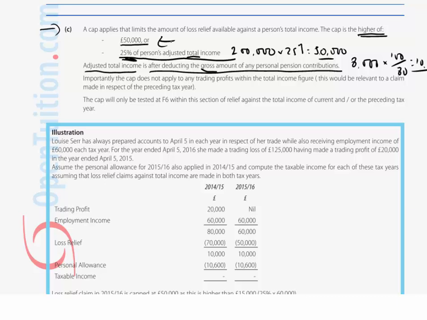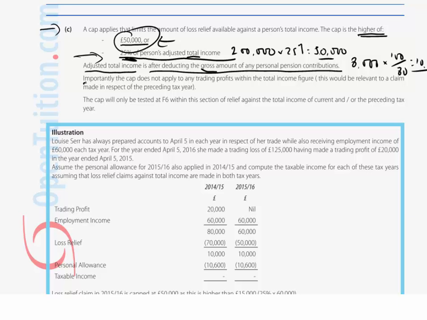Now, we know that you've always got that figure. It's the higher of 50,000 or this 25% of the person's adjusted total income. So unless the adjusted total income is more than £200,000, the £50,000 figure is the higher amount. So it's very, very unlikely that that second one is going to apply. Just basically remember, £50,000 is the cap.